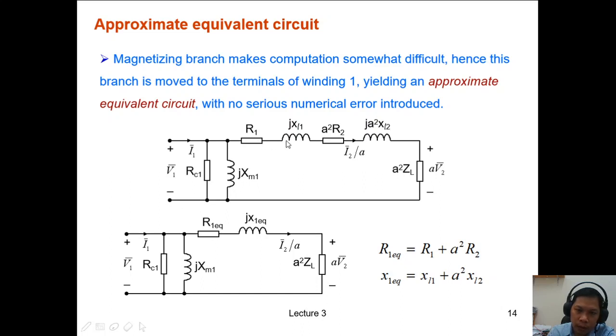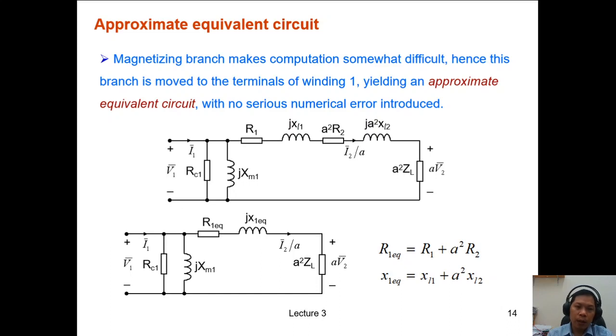This one has 5 components in series, and you can just calculate it as one complex impedance. Here we have another parallel branch, and that's why in chapter 2 I told you that we may have to look at AC circuits with 3 parallel branches. So this is the case.